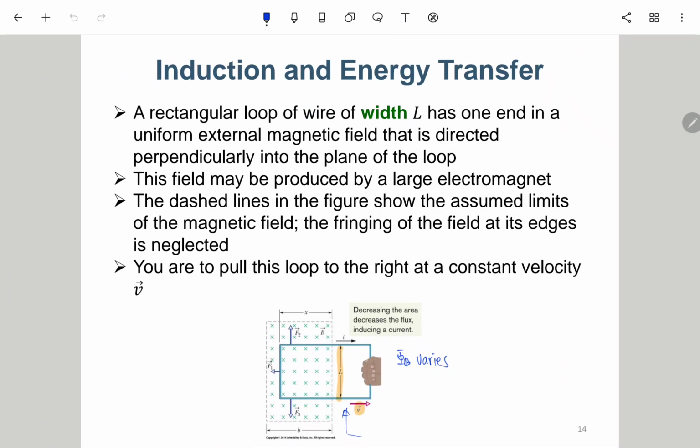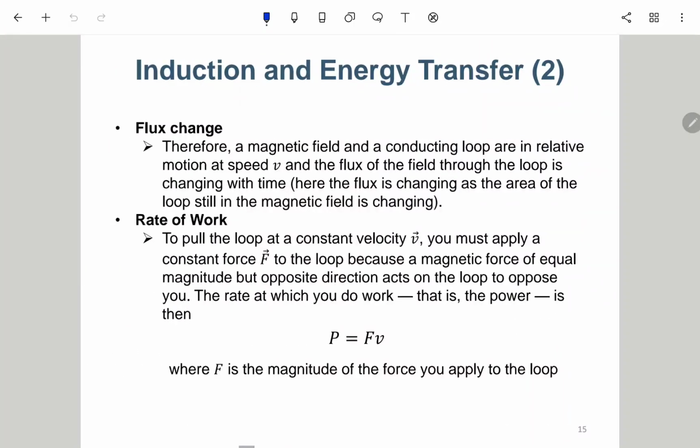Okay, so here you can see that the rate of work is actually the power. The rate of work, that is work per unit time, dW/dt, is the power.